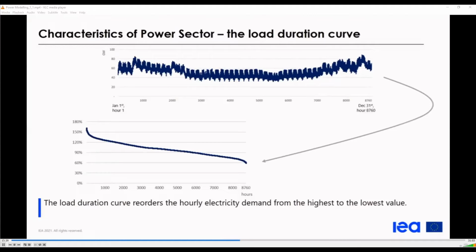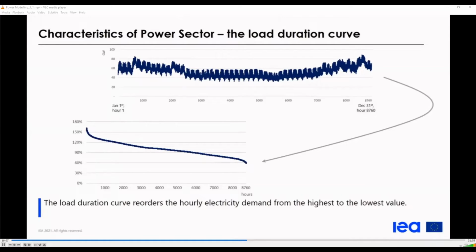It can be expressed in absolute value, or as you can see here, relative to the average electricity demand and in percentage terms. For example, here we see that the peak is about 170% above average demand over the year.